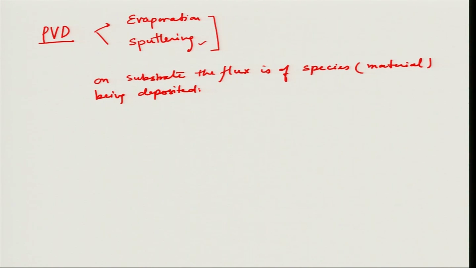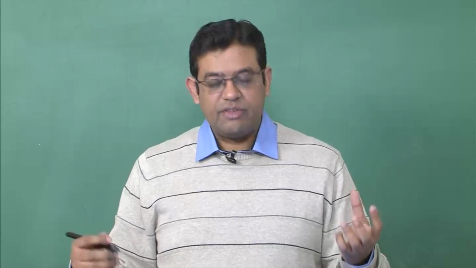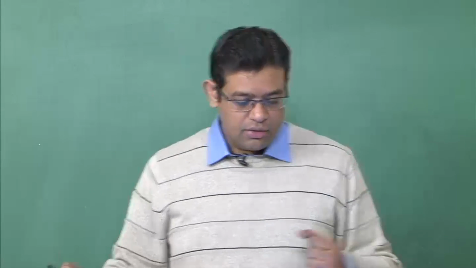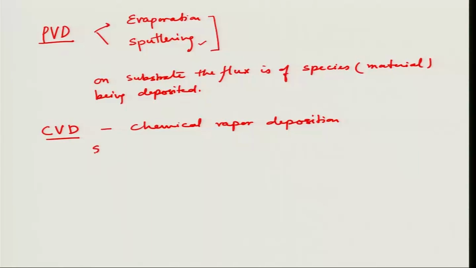Now, by contrast, in chemical vapor deposition or CVD, we have a flux of a material which has a part which we want to deposit. For example, to deposit silicon, we can use silane, SiH4, which is a gas.